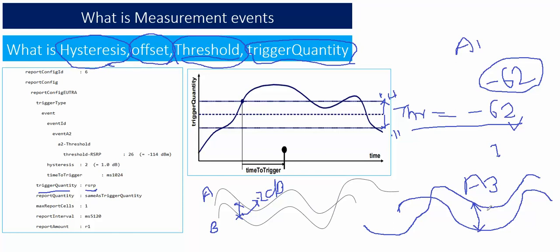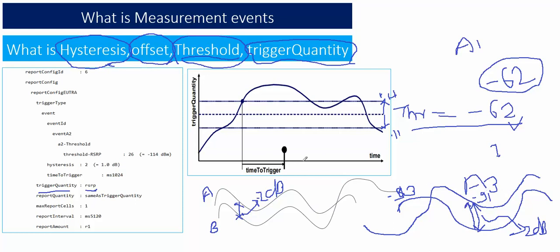What is offset? It is the difference. Suppose we set 2 dB. If the serving is minus 93 and the neighbor is coming at minus 91, it means the neighbor is 2 dB better, then A3 will trigger.